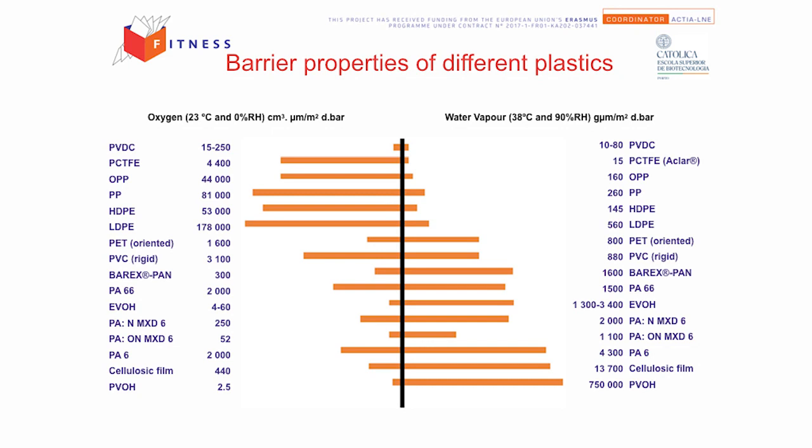There is a colleague that's not here today that is working with PVOH, that has a very, very good barrier to oxygen, but is a very poor barrier to moisture. In fact, it is almost soluble in moisture. And therefore, this is one of the reasons why we need to combine different materials if we need both barrier to oxygen and to moisture. Okay?